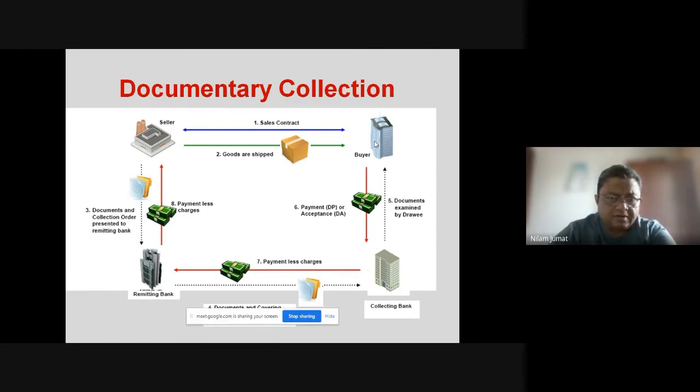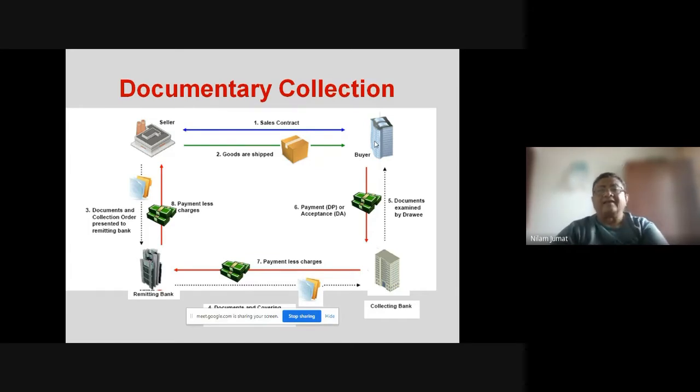Common sense, no? If he takes the BL and the commercial invoice, he can go and clear the goods. But he has to make the payment. So if he doesn't take the BL, invoice and everything, he won't get the documents and can't get the goods.